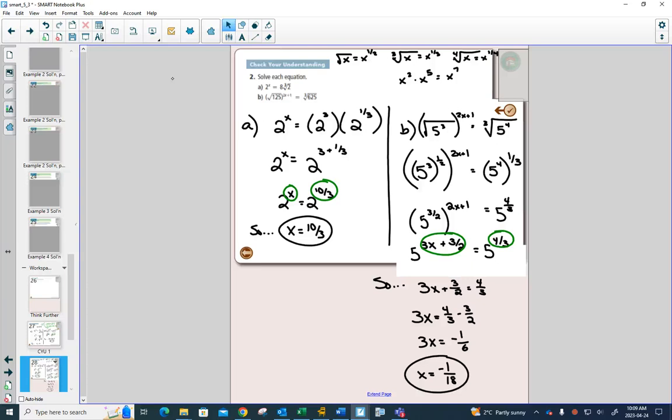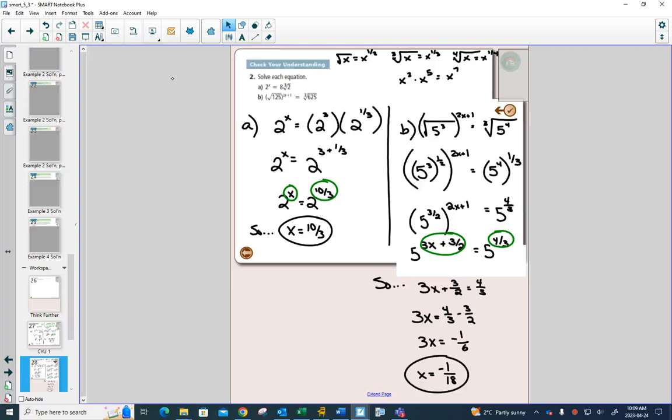If you have square roots, cube roots, fourth roots, those become fractional exponents. And if you have an exponent to an exponent, then you multiply. We also had in our first example the negative exponent rule.